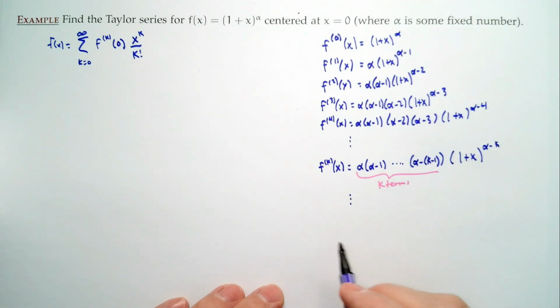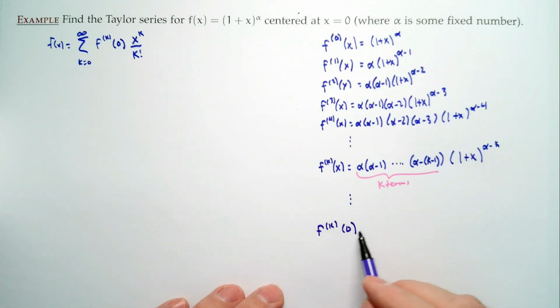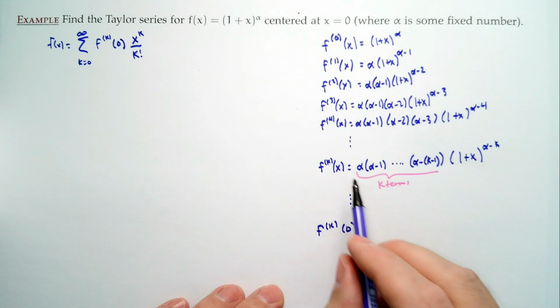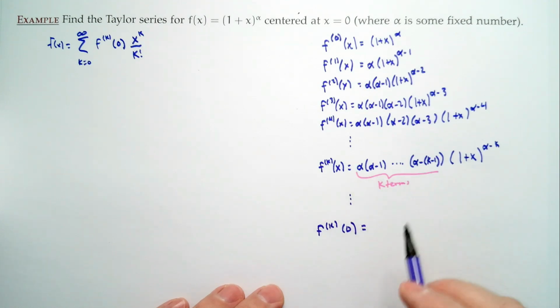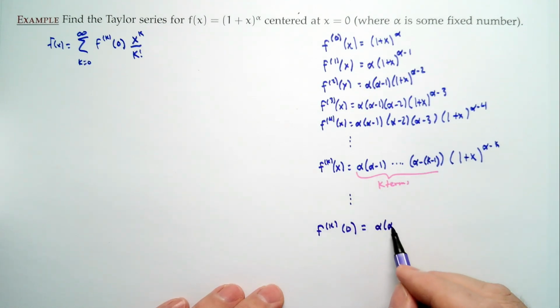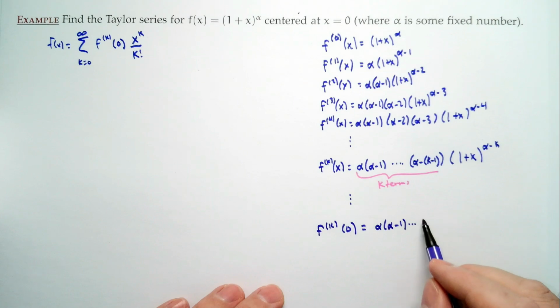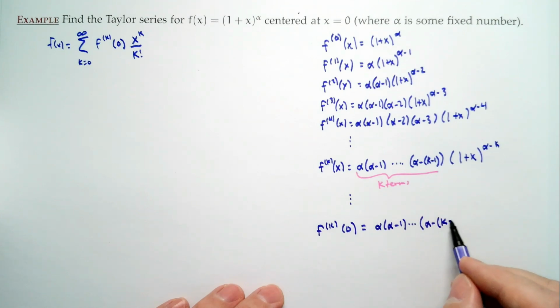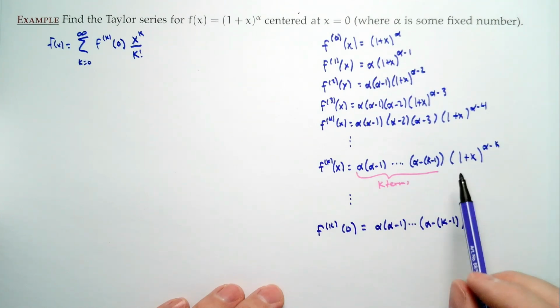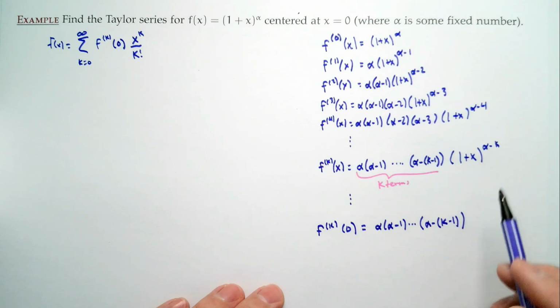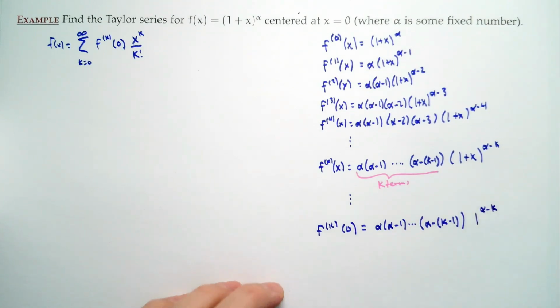So finally, what happens when we plug 0 into our kth derivative, fk of 0? You're going to get that constant in front. So you get alpha times alpha minus 1, all the way up through alpha minus k minus 1, times 1 plus 0, which is 1, to the power alpha minus k.